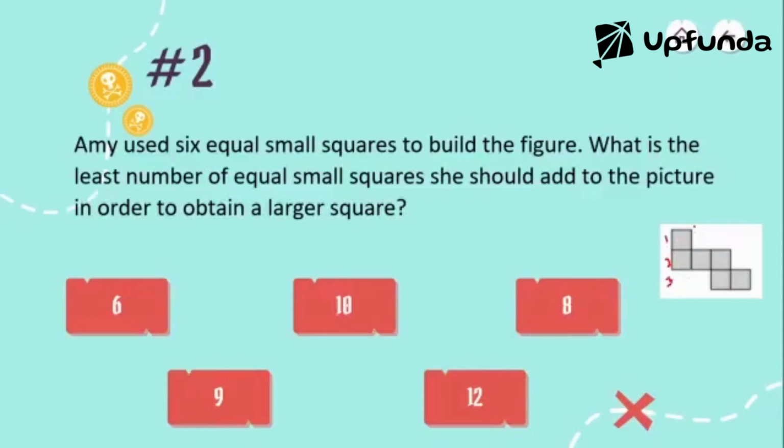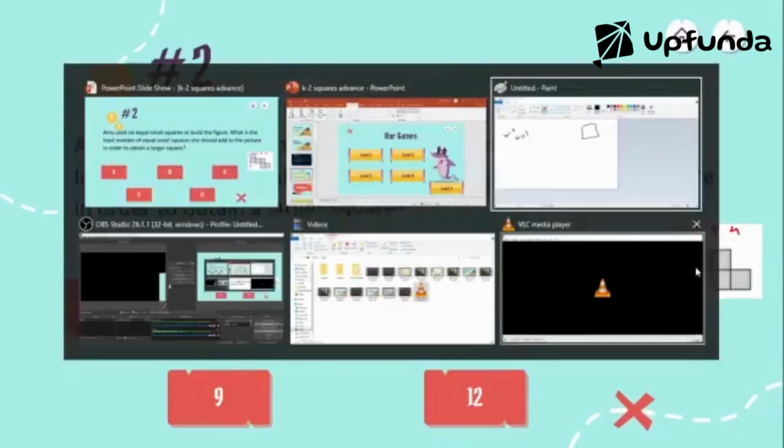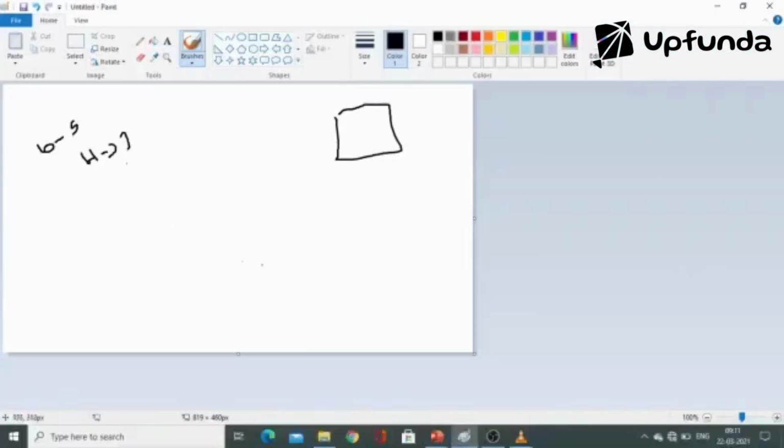Okay, next calculate the columns 1, 2, 3, 4. Okay, we have 4 columns and 3 rows.